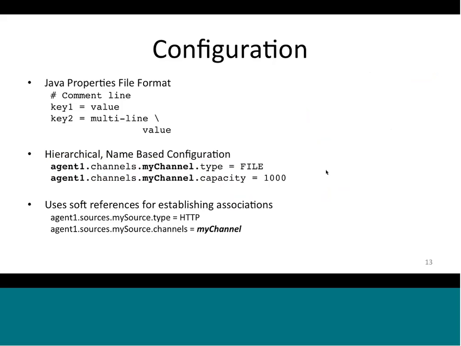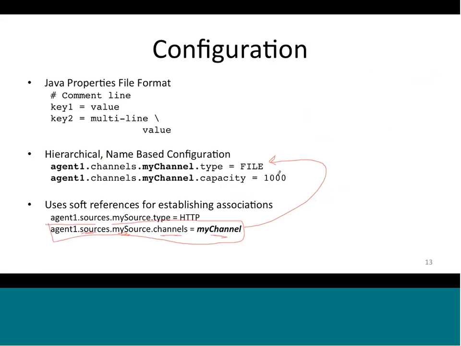Okay. So now, how is the source tied to its channel? This is how you tie it. So you say, I've got the source, the name of my source, the channel is my channel. So my channel's information is here.